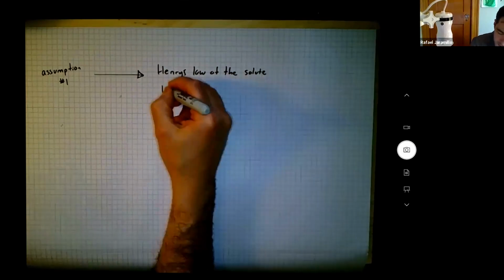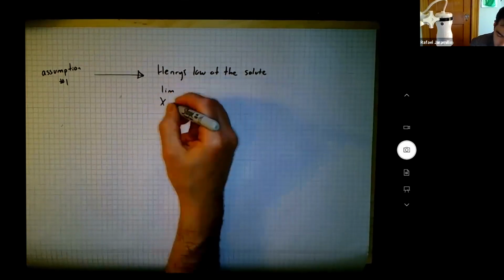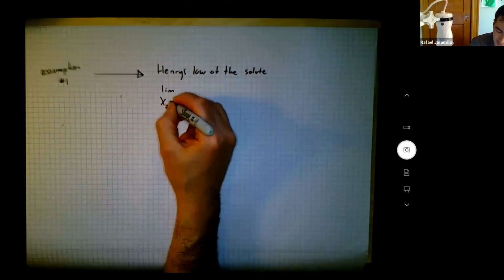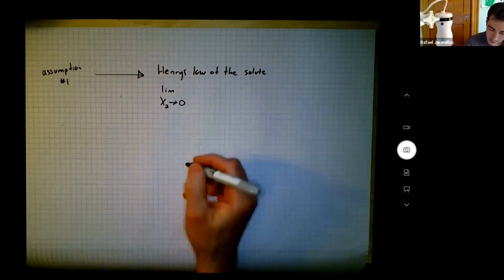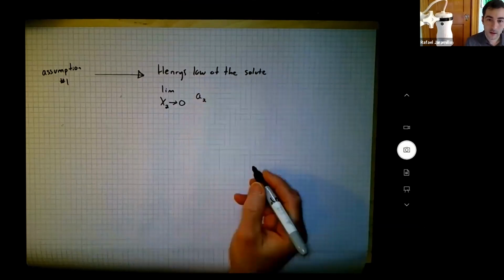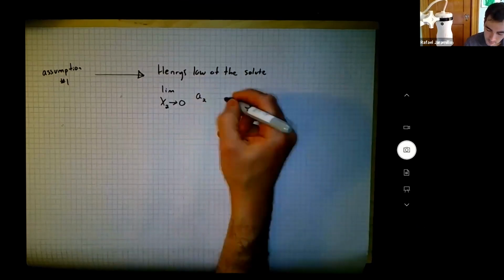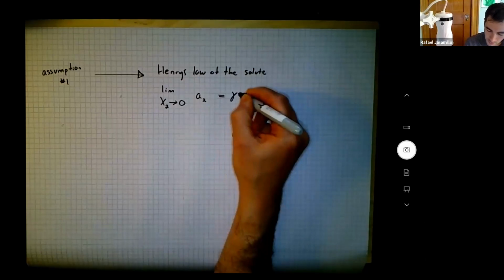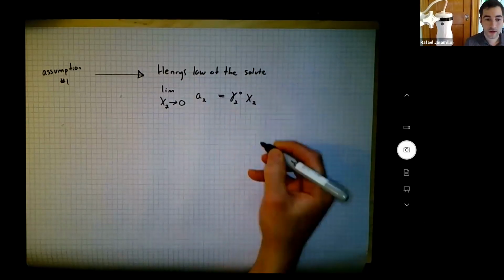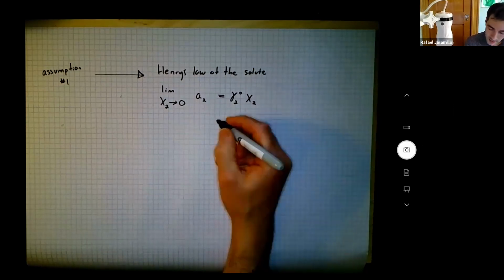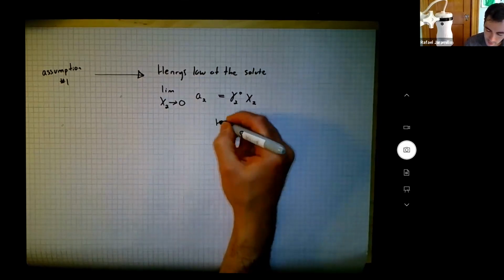In the limit of mole fraction x2 going to 0, so the second component here is the solute, the activity of component 2 approaches this quantity, where gamma 2 naught is called Henry's constant.